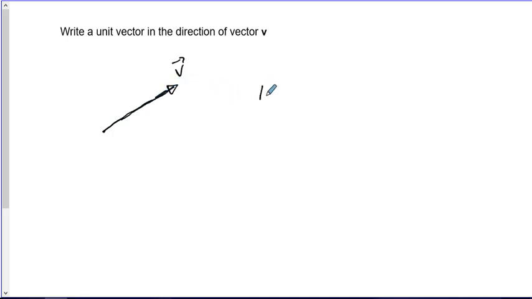But what I could do is make a unit vector u that is in the same direction as v. A unit vector in the direction of v would have a length 1, because it's a unit vector, but it would point parallel. It would be parallel to v. It would point in the direction of v, not just parallel, but in the direction of v, and have a length 1. So the way to do that is very simple.